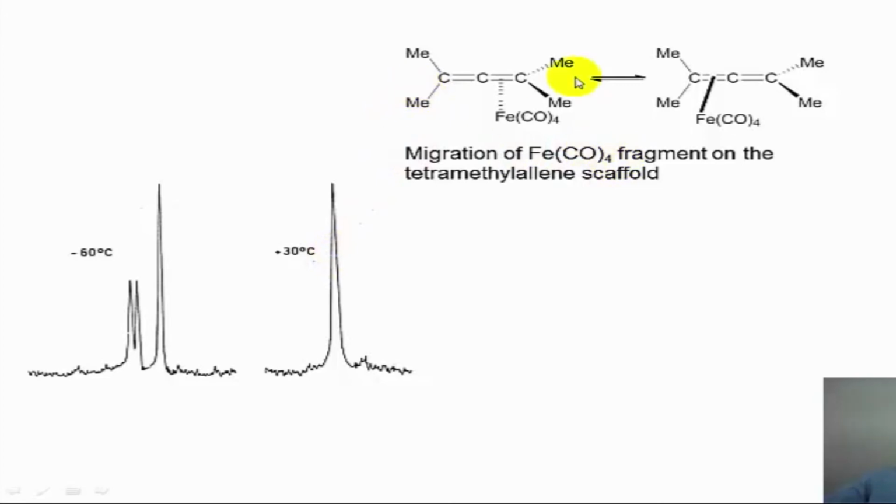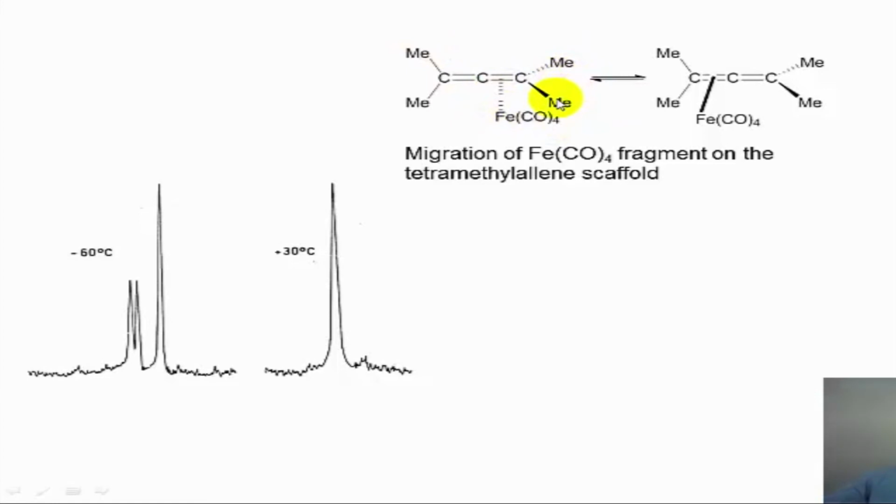On the other hand, if the rearrangement is frozen, or if the rearrangement is considerably slowed down, then it should be possible to see these 2 methyl groups as identical groups, which are chemically equivalent, whereas this methyl group is different from this particular methyl group, because this would be syn to the iron tetracarbonyl, whereas this would be anti to the iron tetracarbonyl.